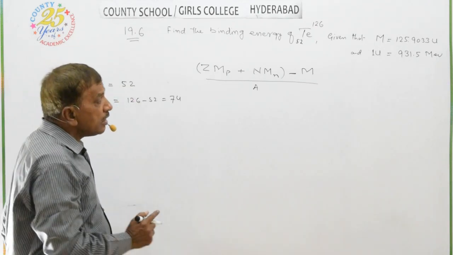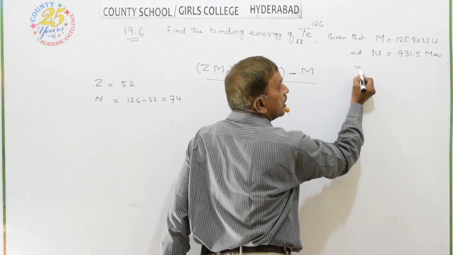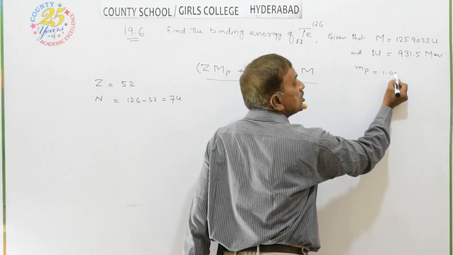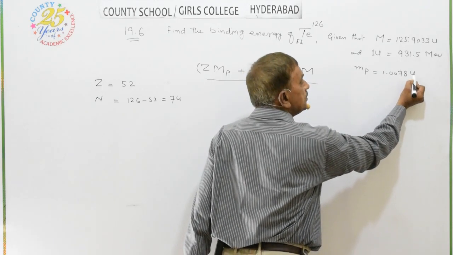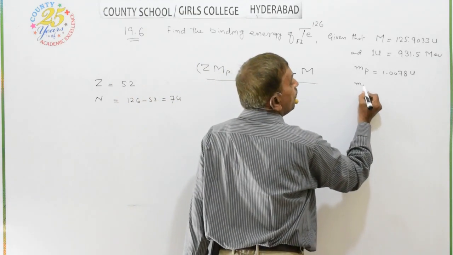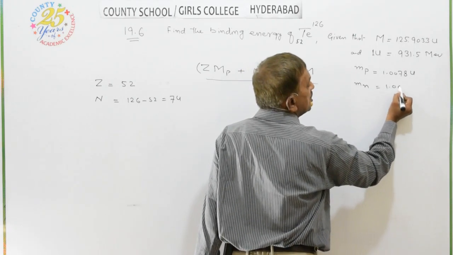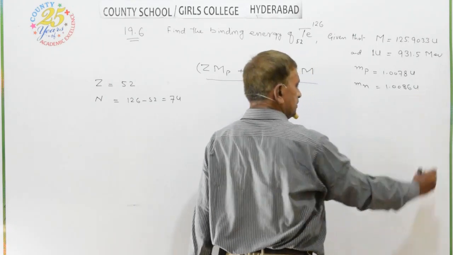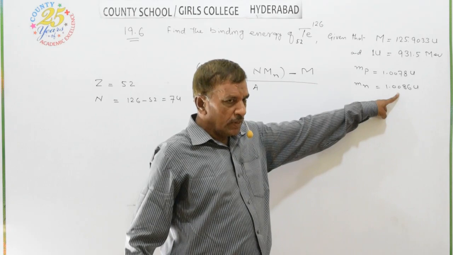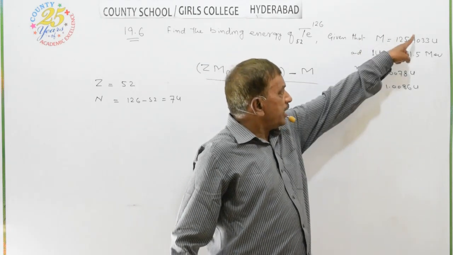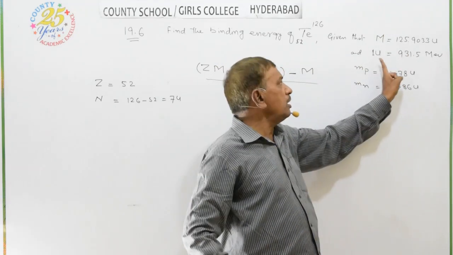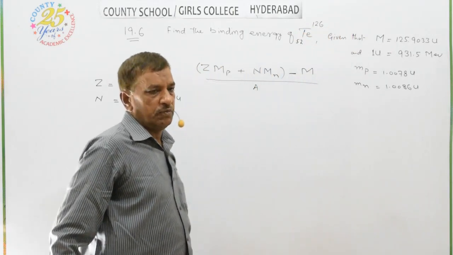In the numerical we are given the mass of one proton, which is 1.0078 U. Similarly, we are given the mass of one neutron, 1.0086 U. So dear students, these masses are given: mass of proton, mass of neutron, and mass of the element in the periodic table, and the energy obtained by converting 1 U into energy, 931.5 MeV.